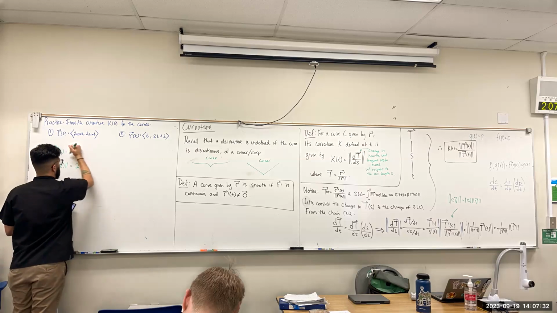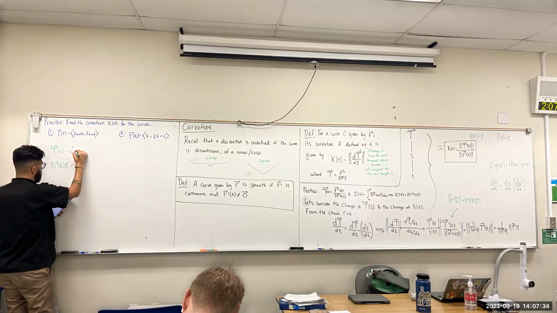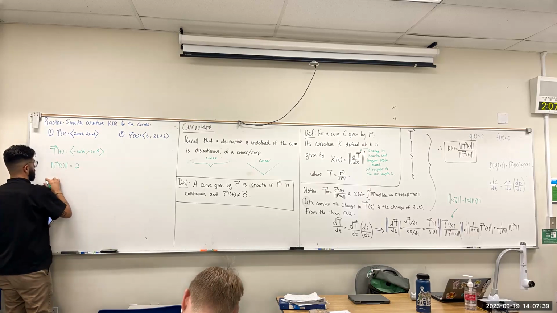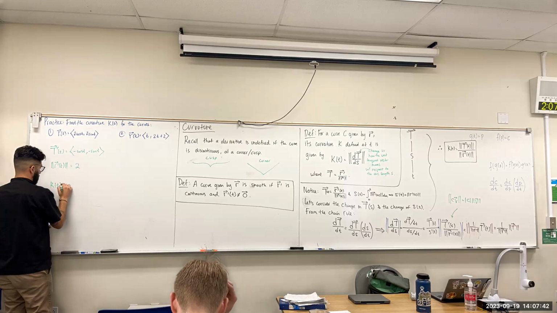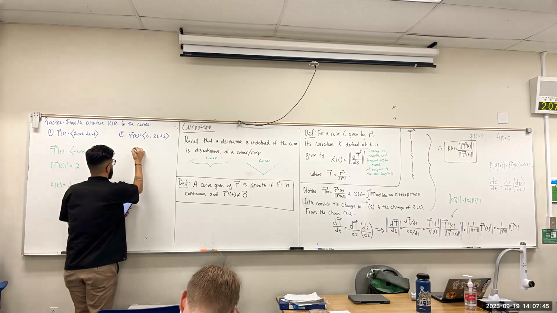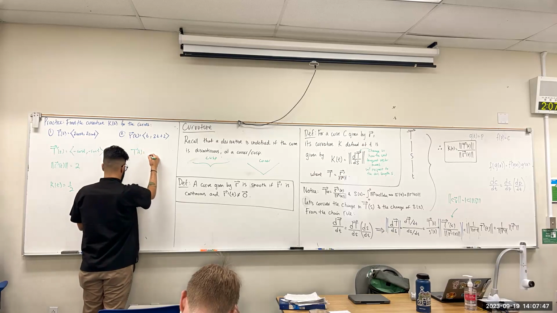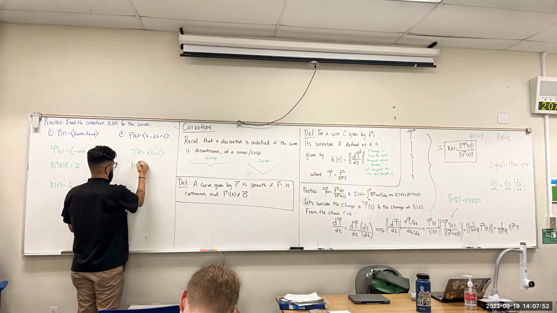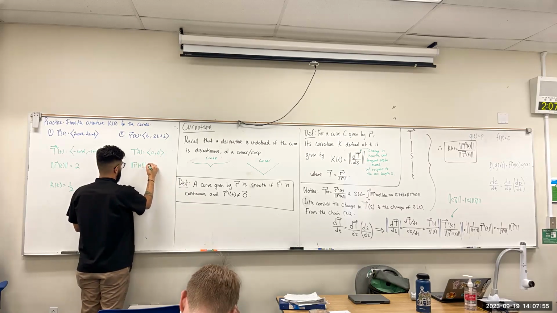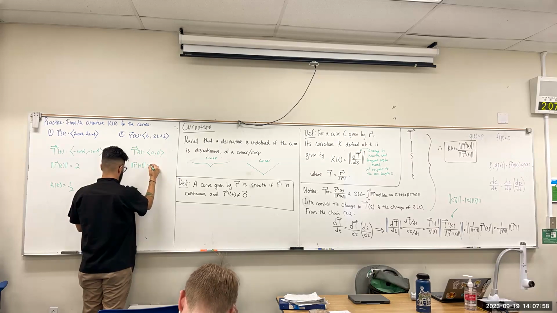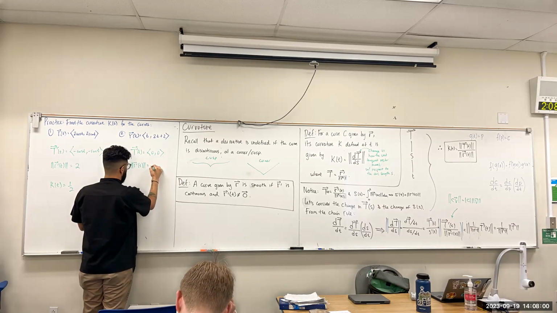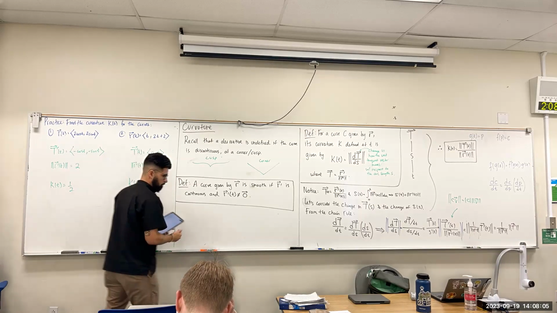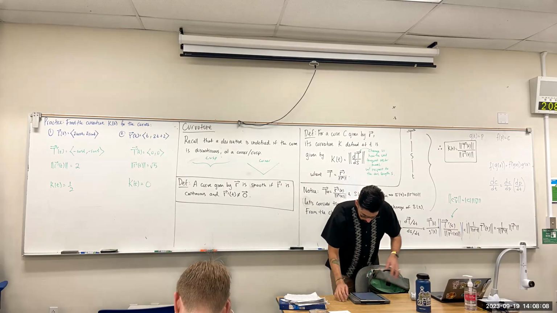Yeah, just zero, because the t goes away. If there's a square that'd be a different story, but not here. And then the magnitude is.